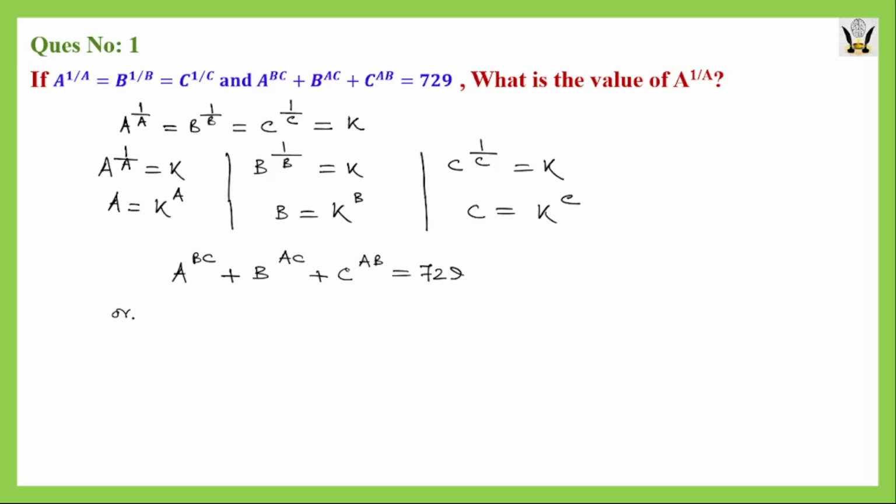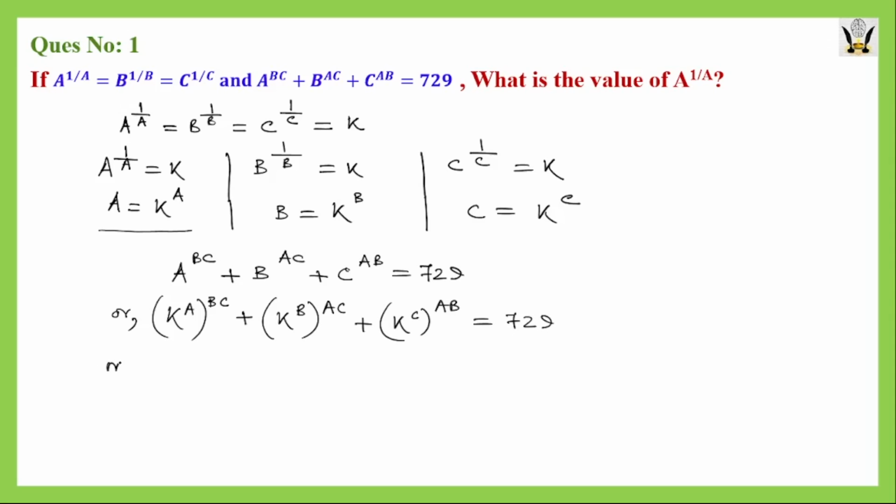Since we have found that a is equal to k to the power a, in place of a we will write k to the power a and then to the power bc. Now in place of b we can write k to the power b, and then we have power ac, and in place of c, k to the power c, and then power ab, and that is equal to 729.